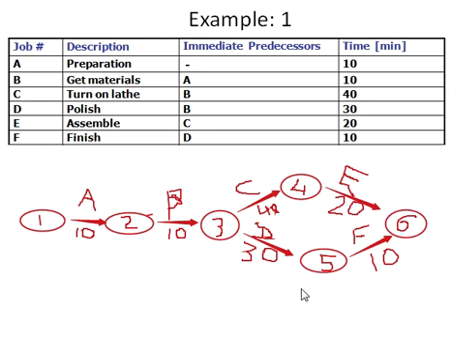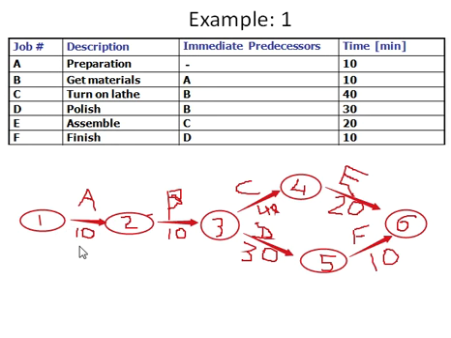Now if we go the other way, it is 10 plus 10 is 20, plus 30 is 50, plus 10 equals 60. So as you can observe, the first path was taking a longer duration, and that's why it is known as the critical path. It is termed the critical path because it is the longest duration of our given network.